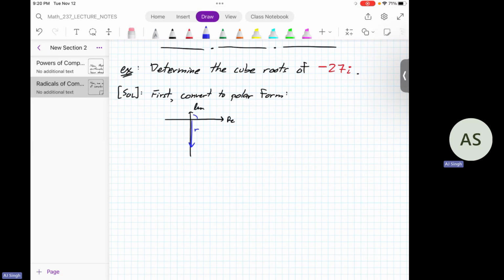There's my r. That's my theta. This is negative 27 down there. Now, sometimes your complex number is this special case where it's either straight to the right, straight up, straight to the left, or straight down. In these cases, you don't have to do all that work to find r and theta. We can clearly see what r and theta have to be from this picture.